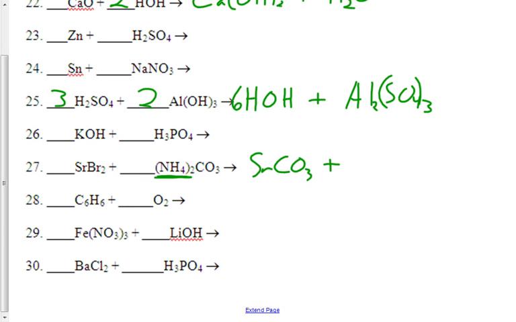And ammonium will end up with bromine, NH4, Br, +1, -1. So this one is fine as well. Now we have to balance. There's 2 ammonium on this side and 2 bromine on this side. Fortunately, they're together over here. So only a 2 is required to balance it.